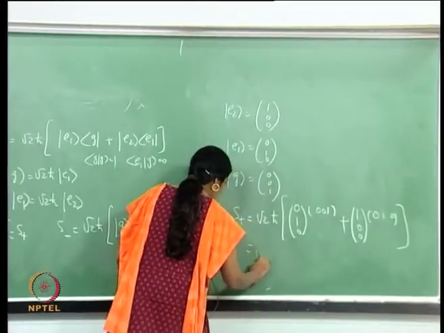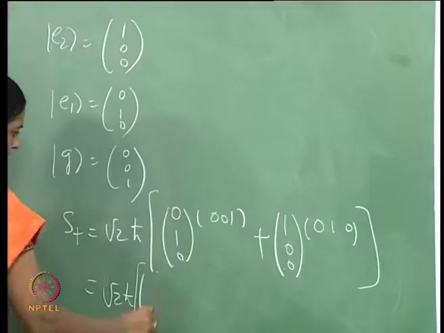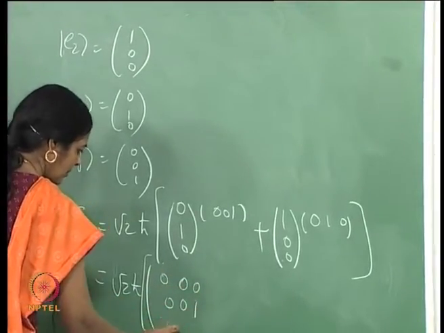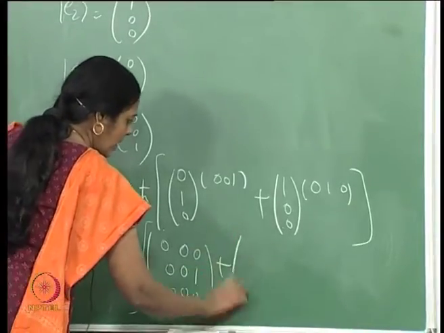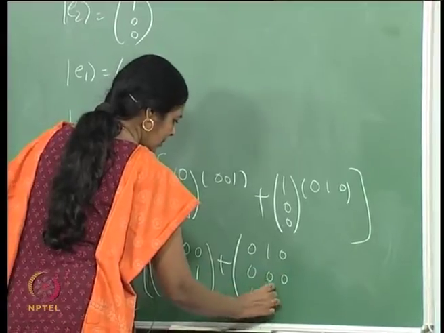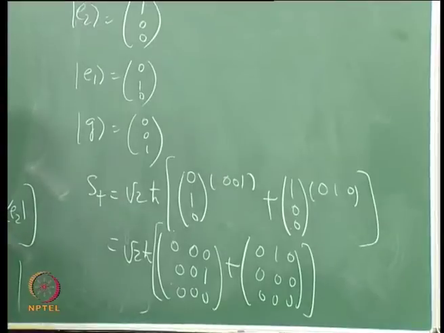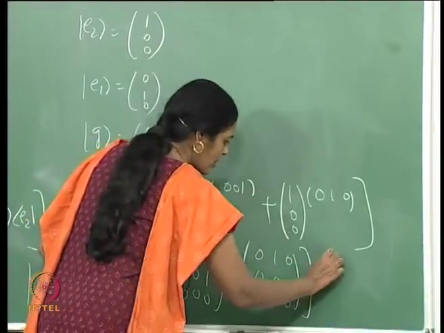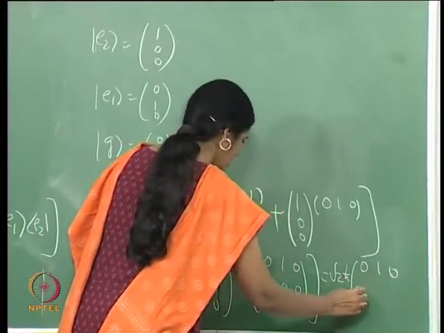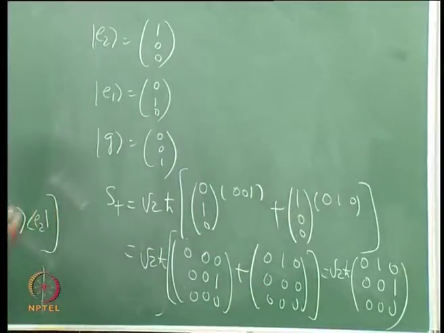So this matrix is simply root 2 ℏ this plus that, which can be easily simplified. It is just root 2 ℏ 0 1 0, 0 0 1 and 0 0 0. So, that is my S plus.